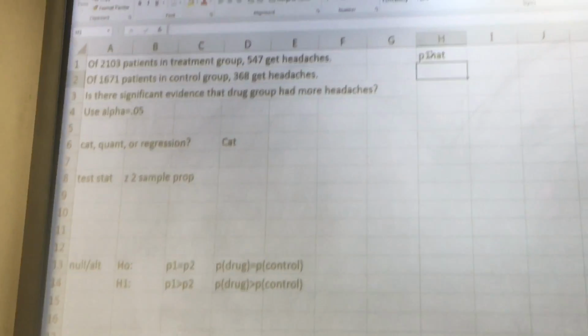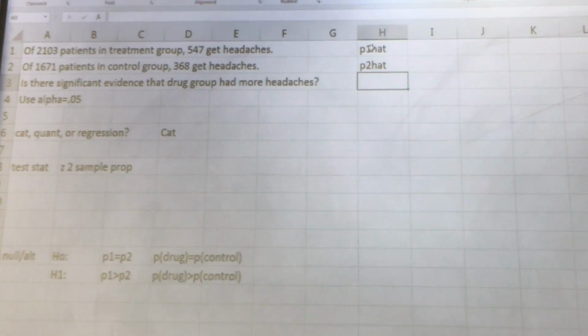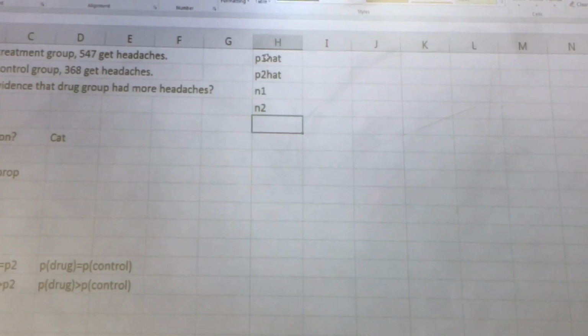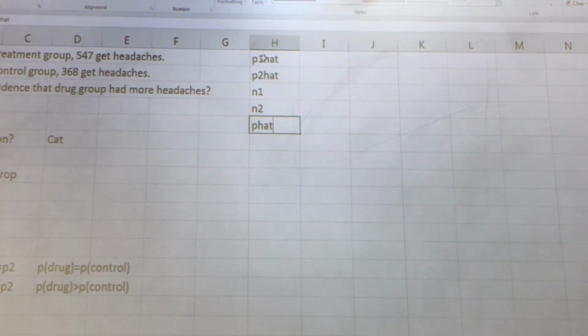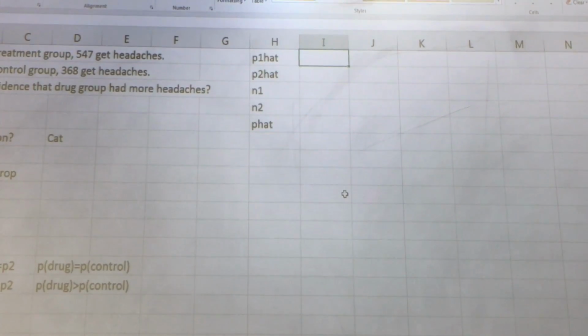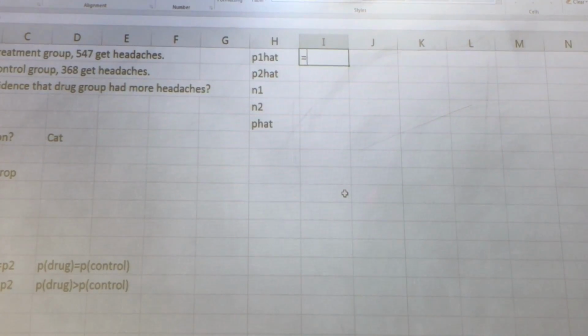P1 hat, P2 hat, N1, N2, P hat. Anything else I need? Okay. P1 hat, what is P1 hat in this case? 547 divided by 2103. That's the drug group.